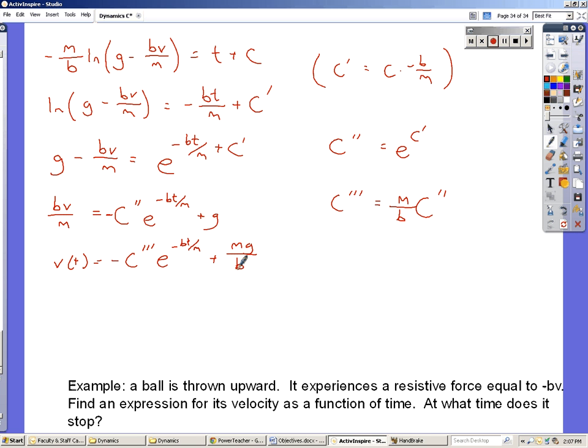And then we apply our initial conditions to find out what c triple prime is. Our initial condition is that at time 0, v is equal to 0. So we set 0 equal to negative c triple prime, e to the 0 is 1, plus mg over b, and that tells us that c triple prime is mg over b.